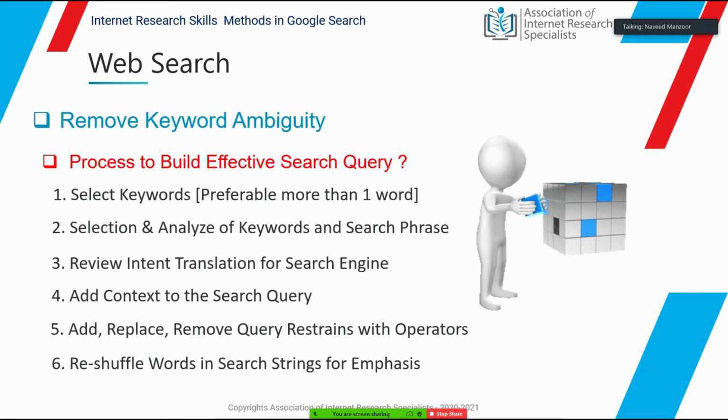You would always have to look at the search results to understand how the search is returning it, or how search is interpreting your search terms. And then based on that, you're going to refine it, make it better, and substitute words. This is what it means when we talk about add, replace, remove search restraints.